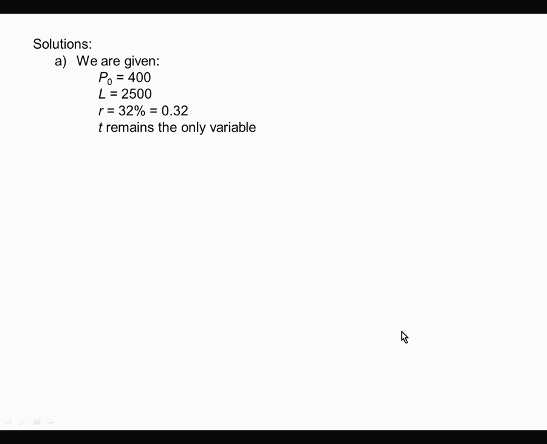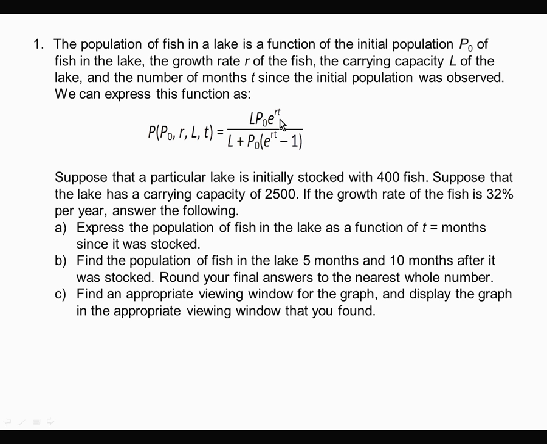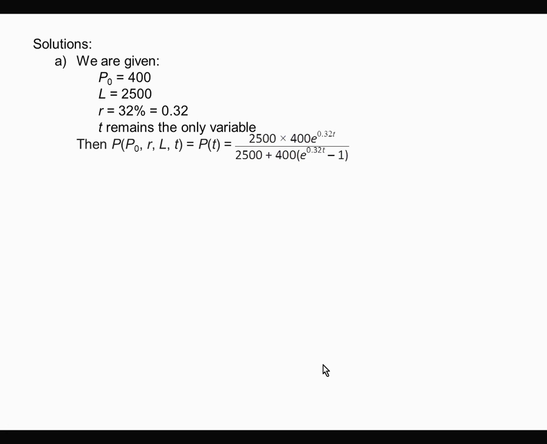So I plug these numbers into this function right here, and I leave T as the only variable. So P of these four variables just becomes P of T, and it's 2500 times 400 e to the 0.32t over 2500 plus 400 times e to the 0.32t minus 1.